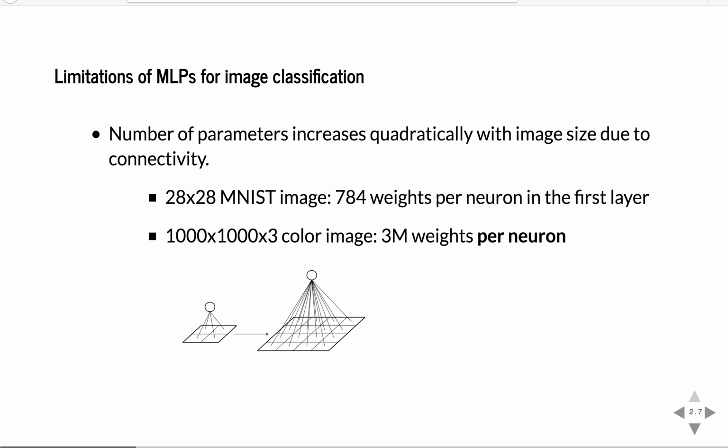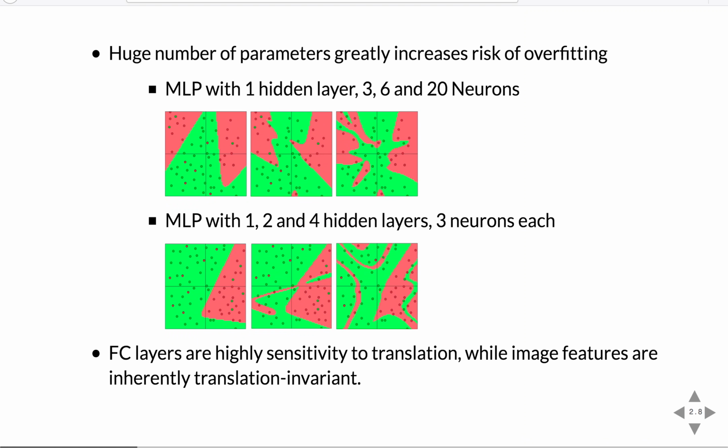If you take just a very small MNIST image, as you saw, for example, in the assignment, then you have 784 weights per neuron. And if you take a less trivial image, then you can have potentially millions of weights just for a single neuron in a single layer, just because of these full connections. So if you try to stack layers, it quickly gets out of hand in terms of the number of parameters.